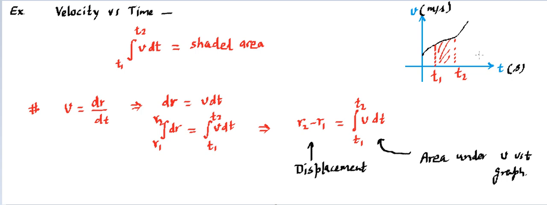If somebody is asking what the displacement is, we need to simply go for the area for the time interval which the question is demanding, and once we can find that area, we can claim that's going to be the displacement. So that becomes one important relation or formula to find displacement out of a velocity versus time graph.